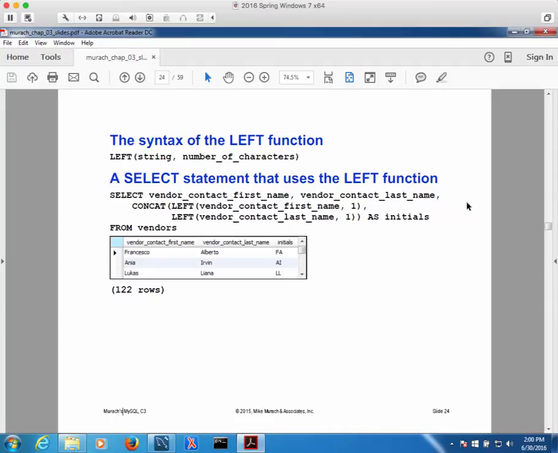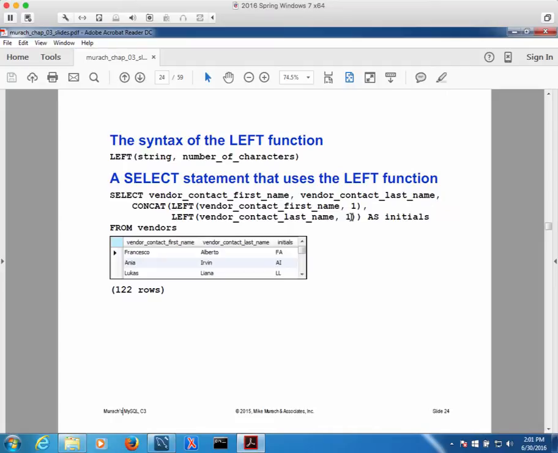Okay, so here we're saying that we want to create a character string by a concat of the left first character of the contact first name and the left first character of the contact last name.